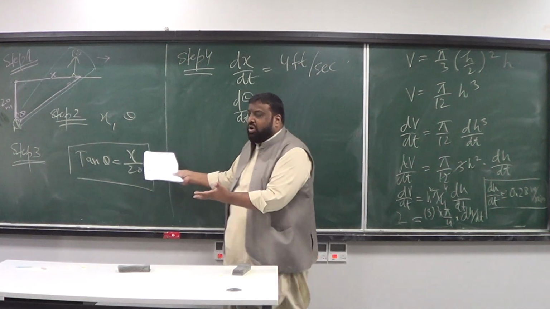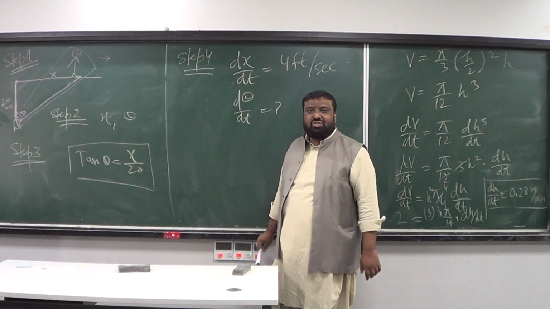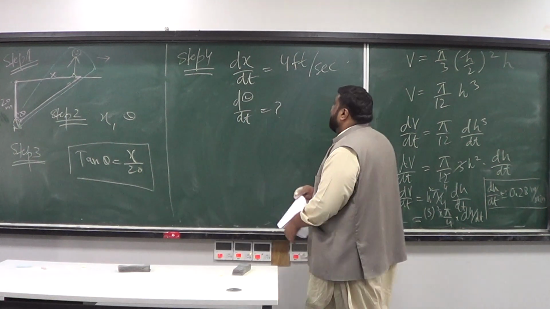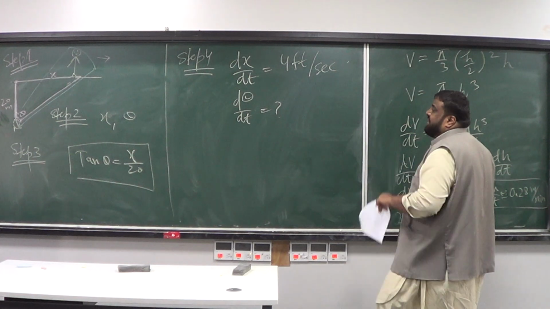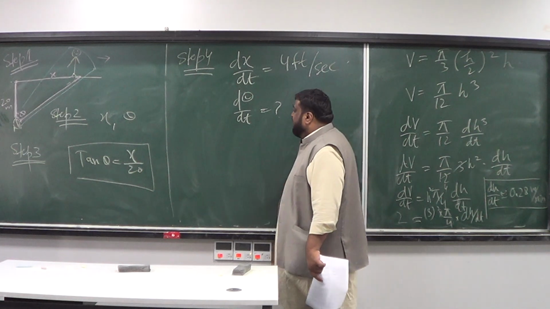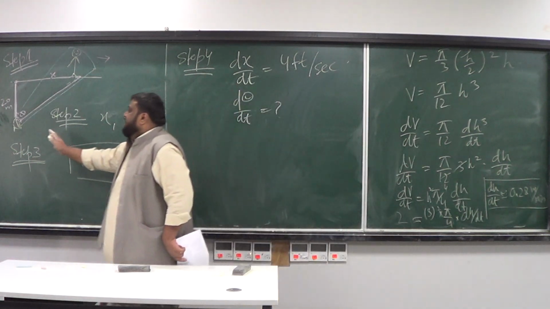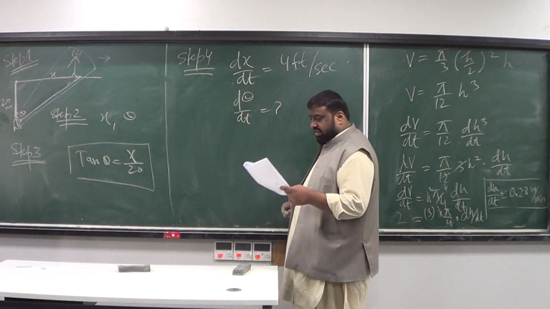There are similar models being implemented to do the job. So dx by dt is given to me. The rate at which the person is running away is given. The question is, what should be the rate at which this should be rotated so that the person stays in the light?